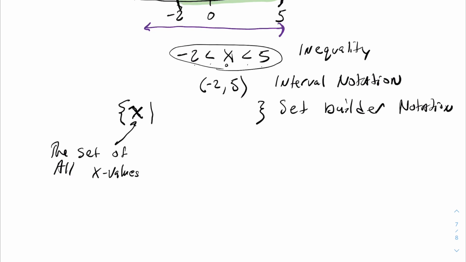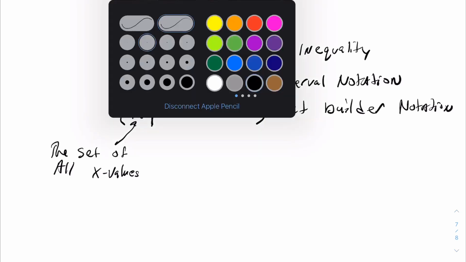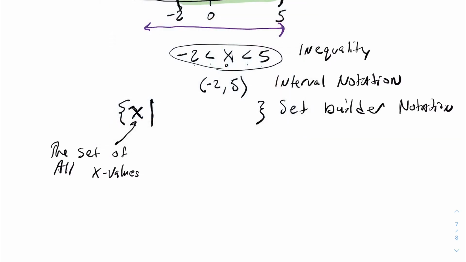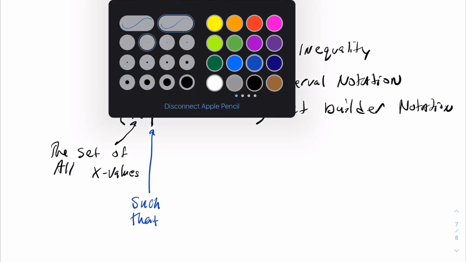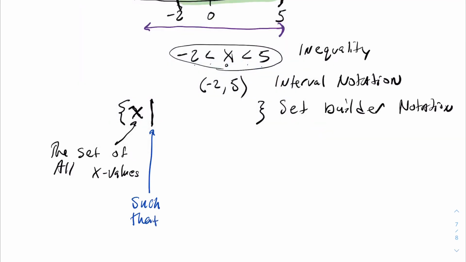Then we use this line right here. It's not the absolute value. When you see that line right there, you're going to say the words such that, and then you just say the inequality.